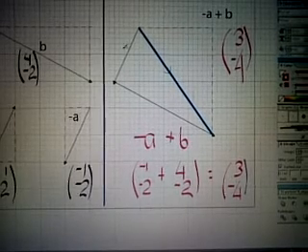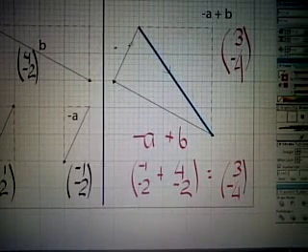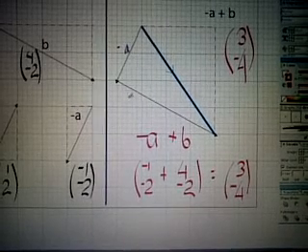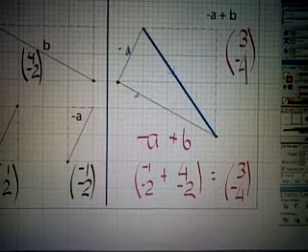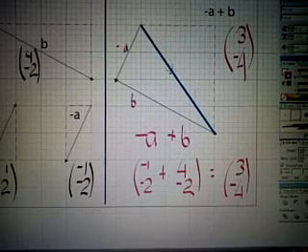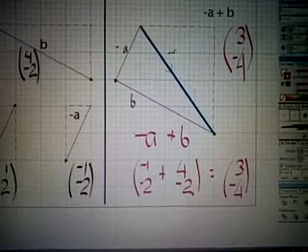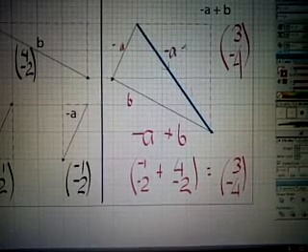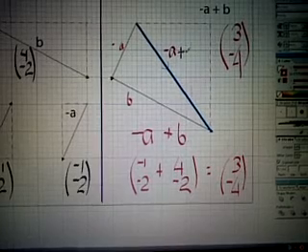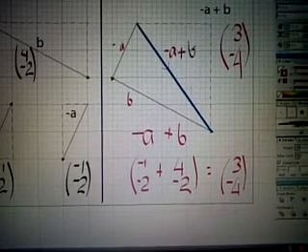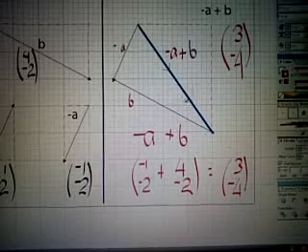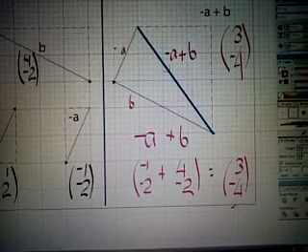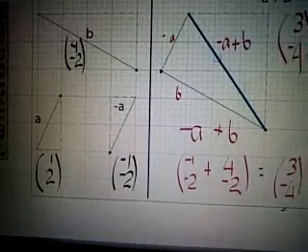So again, this was vector negative A. This is vector B. We added them together to get negative A plus B. This blue line is your resultant vector. 3, negative 4. This is the end of the session.